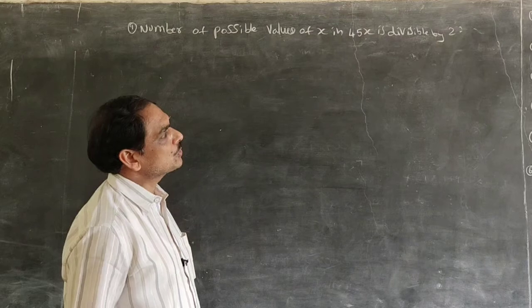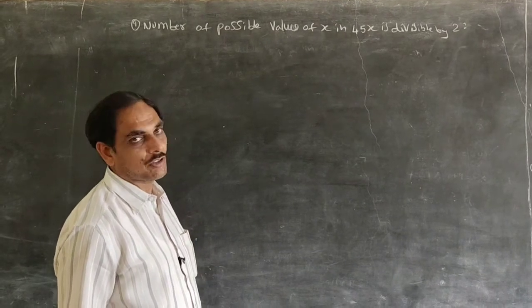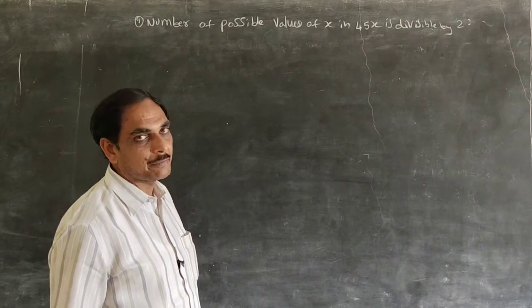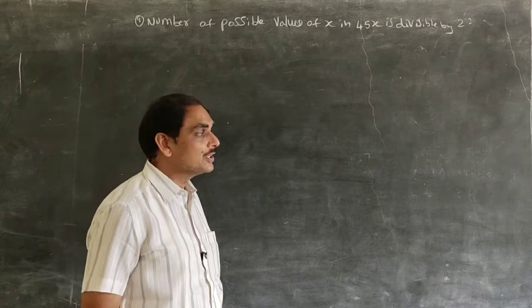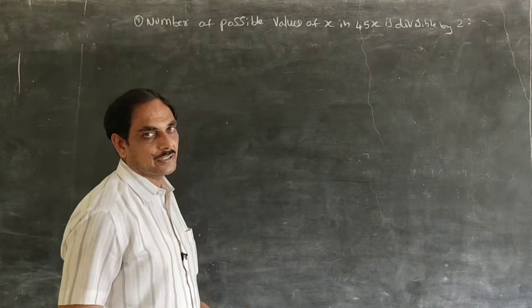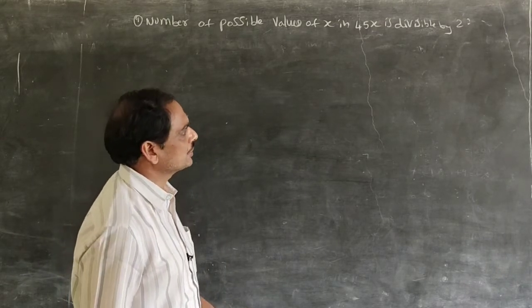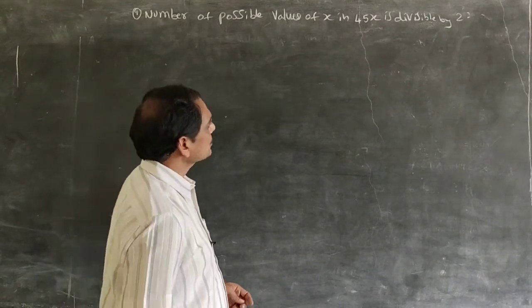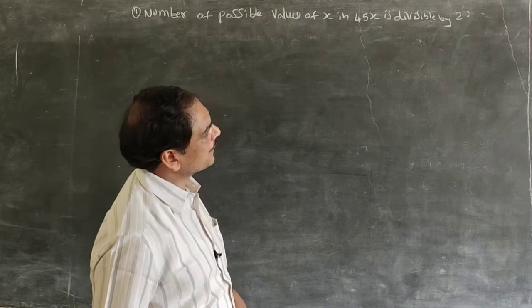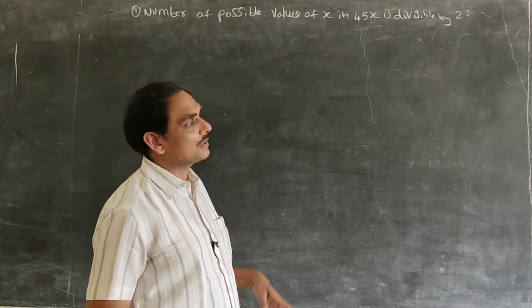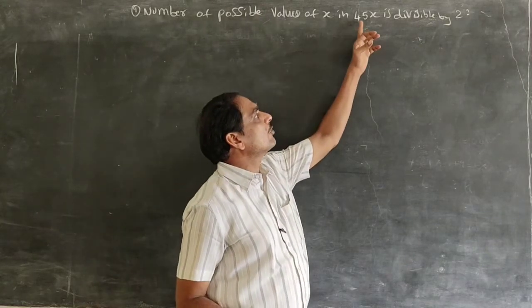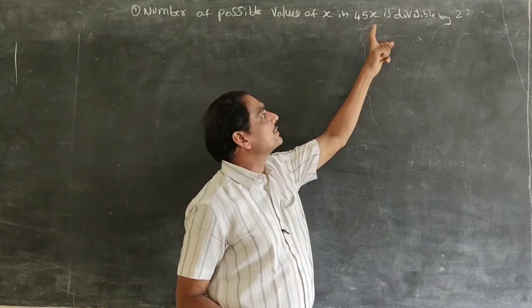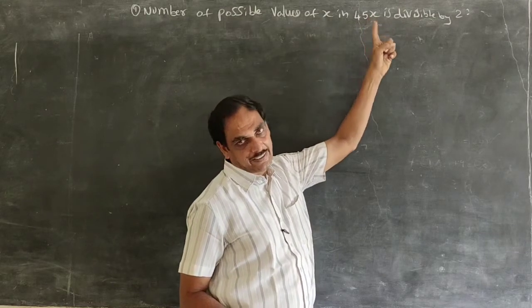Here, the divisibility rule for 2 is all even numbers are divisible by 2, and all even numbers end with 0, 2, 4, 6, 8. So, in this, the given number is a 3-digit number. In this number, 4, 5 are 2 digits and the other digit is x.